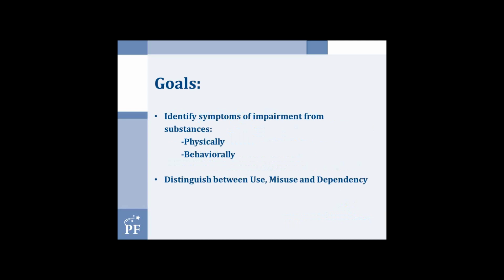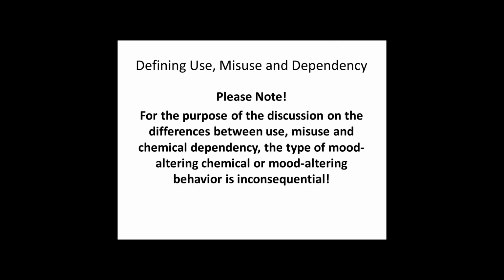So our goal today is we're going to identify symptoms of impairment from substances, both physically and behaviorally, and we're going to distinguish between use, misuse, and dependence. So with that, we're going to start out with defining use, misuse, and dependence.